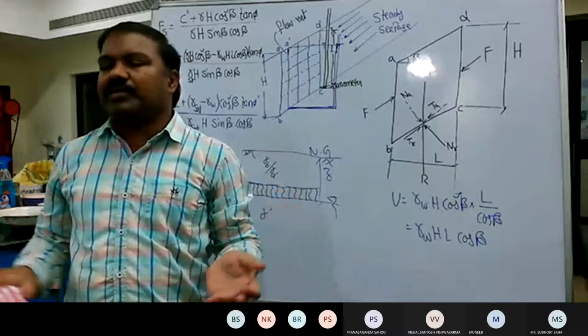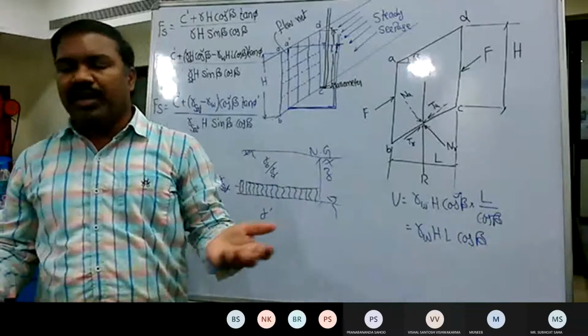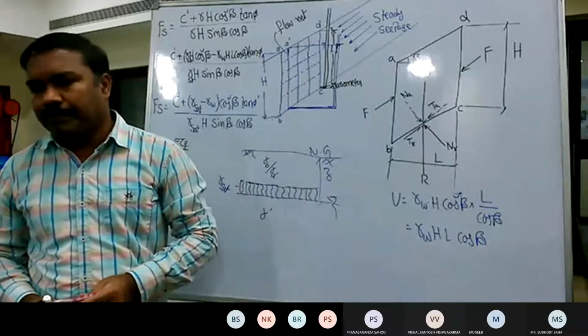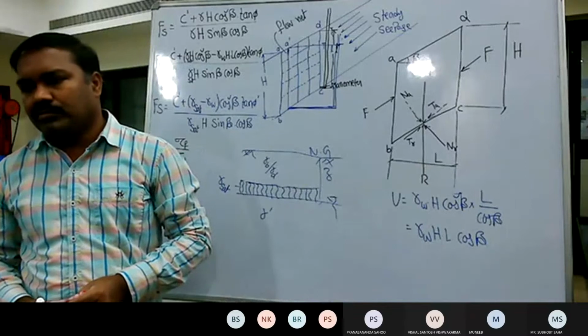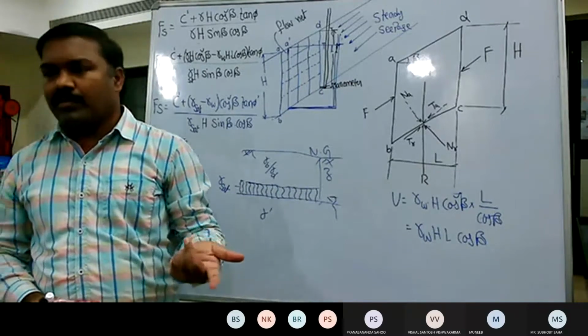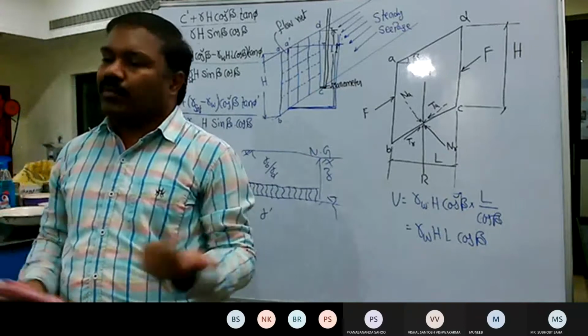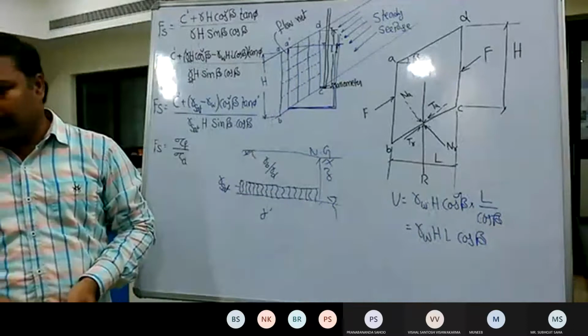So among these three cases, in which case you will feel more weight and which case you will feel less weight? So least inside water and maximum when the water is on the soil. Perfect. We try to correlate the same thing here.